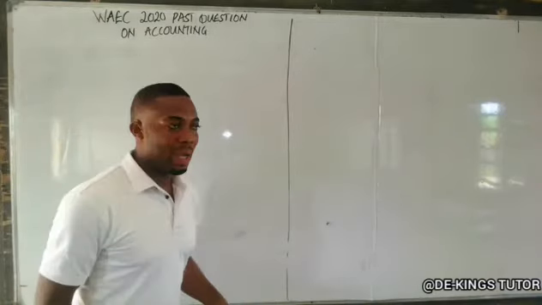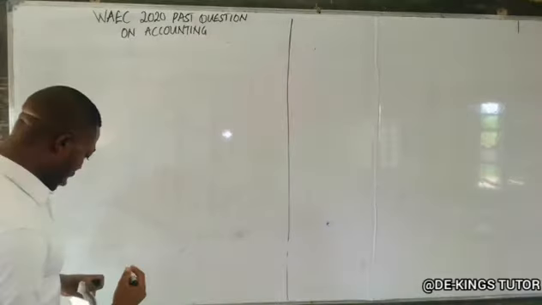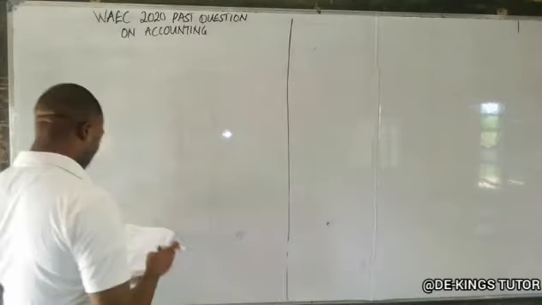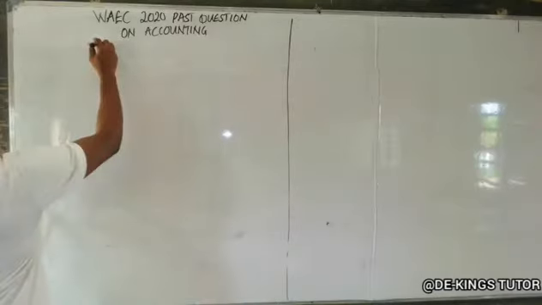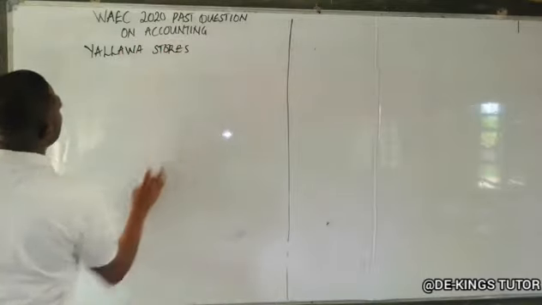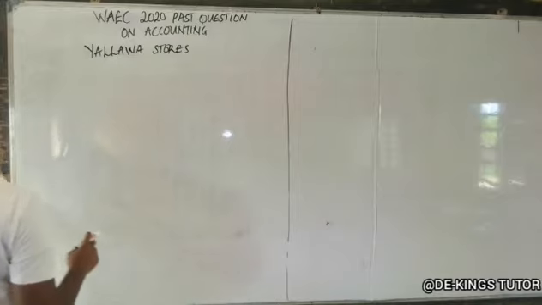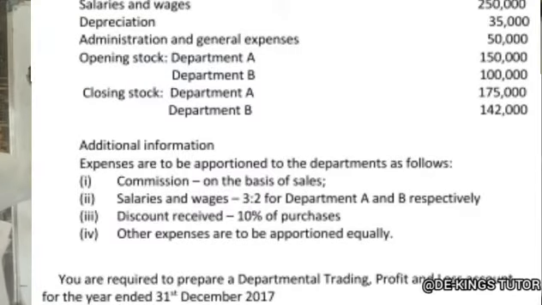The apportionment of the expenses. The name of the owner, Yalawa Stores. The first one is commission. They said we should apportion it on the basis of what?